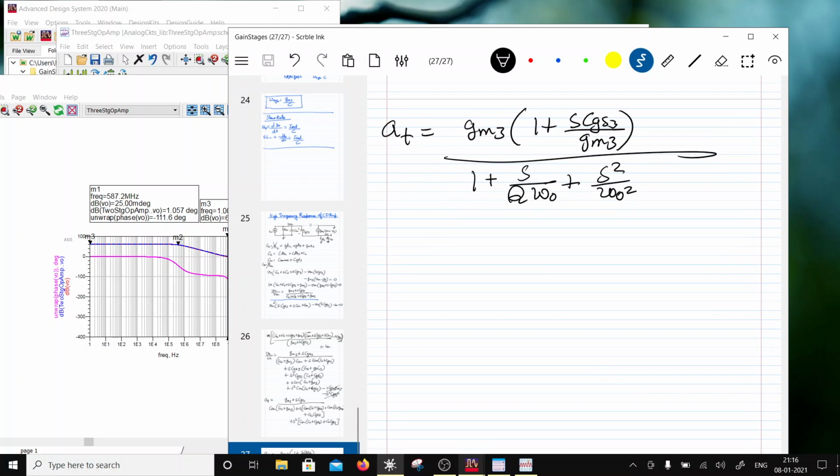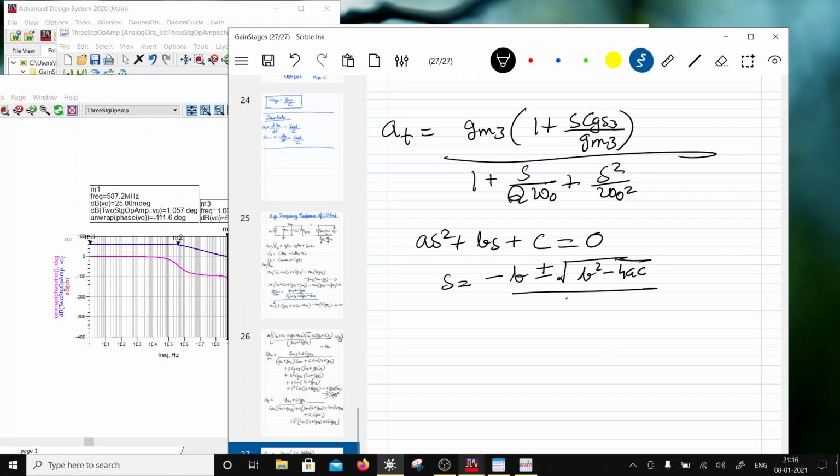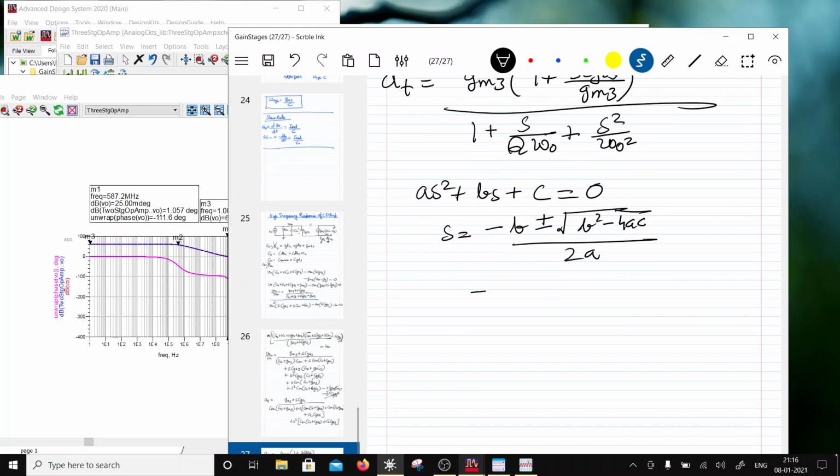Let's say AS square plus BS plus C is equal to 0. This is a second order equation. Then S is equal to minus B plus minus root of B square minus 4AC divided by twice of A. So let's write this equation.